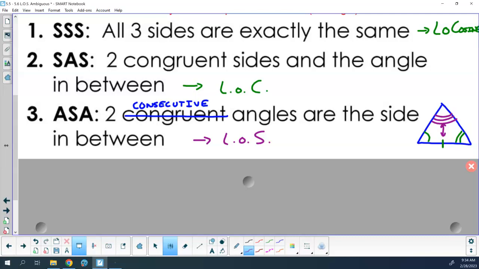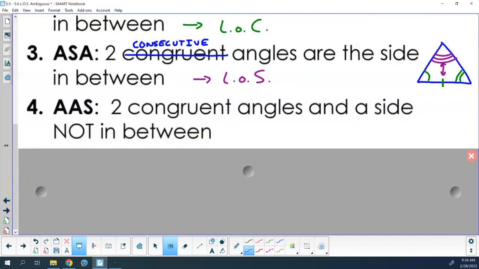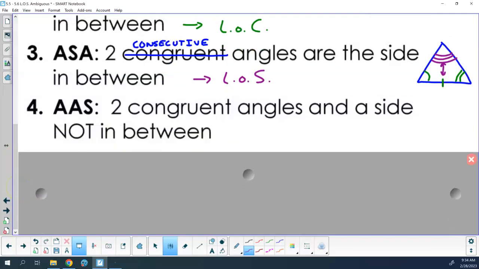The next one is angle angle side. Again, we would be talking about two consecutive angles. And now it's going to be one of the two sides not in between those angles. So let me draw you a picture.